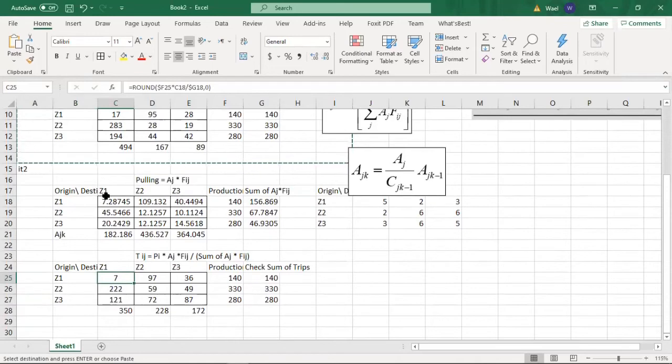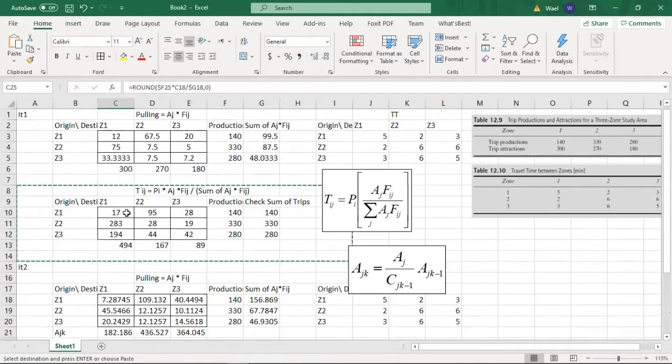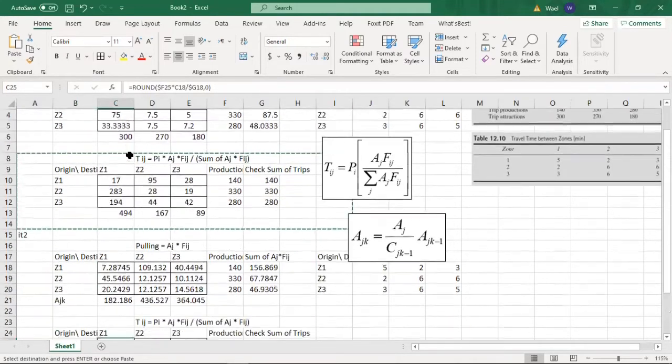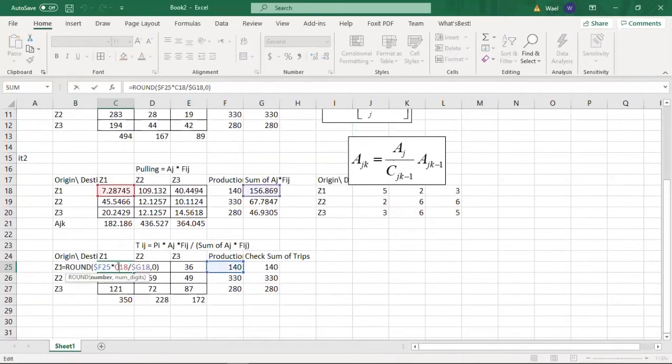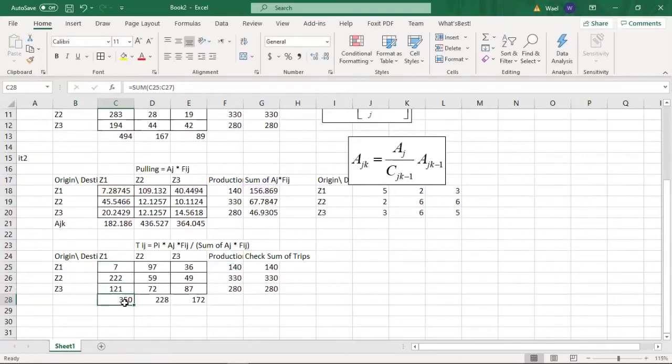Here it's rounded, this value. Okay, good. And as you can see now, it's 350, here is 228, and here 172.